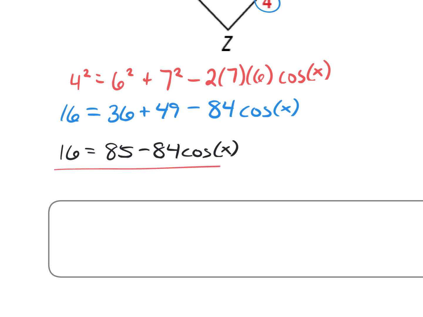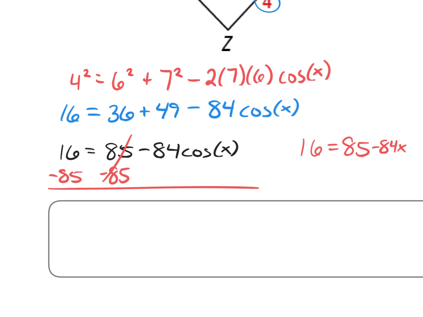This is very similar if I said, okay, this is 16 equals 85 minus 84x. What would I do to solve that equation? Right here, subtract 85. So same thing over here. We're going to subtract 85. Once you solve one of these, you're always going to solve every one the same. Okay, so subtract 85.